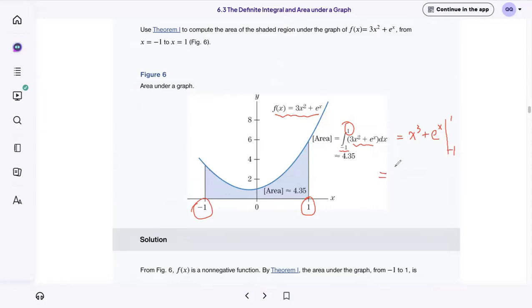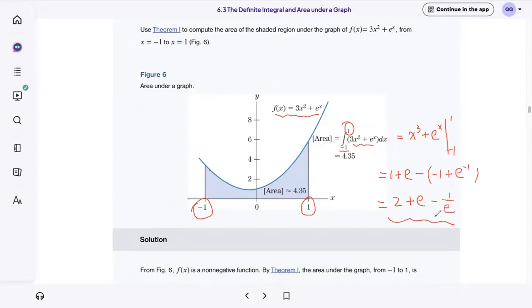So at 1, we get 1 raised to 3. Of course, it's 1. Then e to the 1, that's e. Then minus, x raised to 3, -1 raised to 3 will be -1. Then plus e to the -1. So 1 plus -1 becomes +1, we have 2. So 2 plus e minus 1 over e.